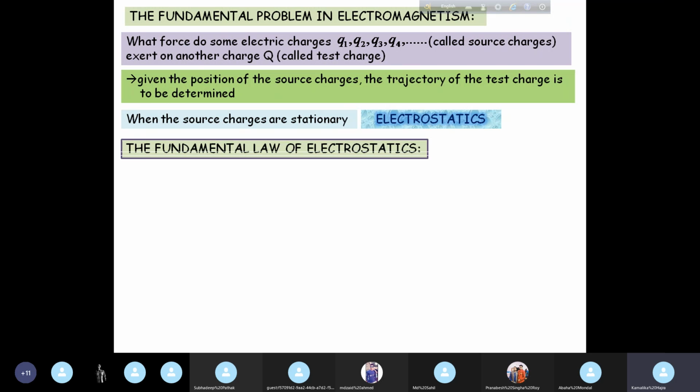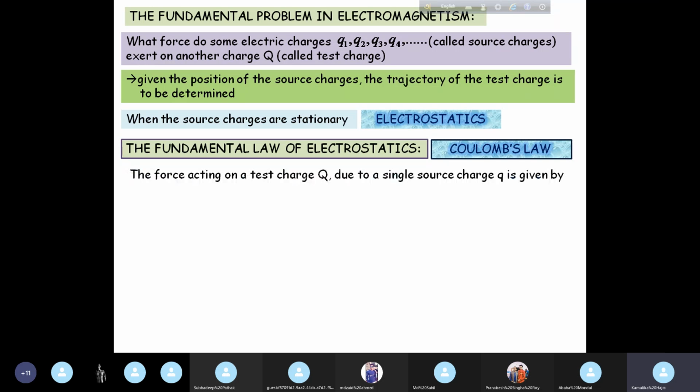All right. Now, what is the fundamental law of electrostatics? Coulomb's law, all of you know Coulomb's law. What does Coulomb's law say? The force acting on a test charge Q due to a single source charge small q is given by this.